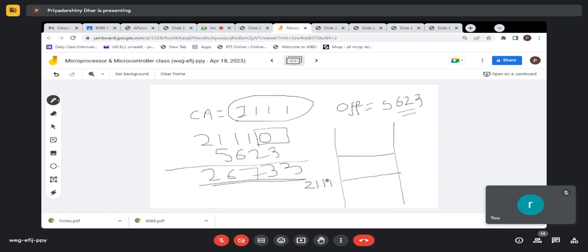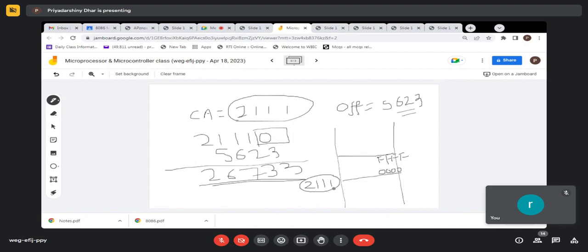If I consider this one as our base address, that means our segment address starting is 2111. Okay, this is our segment address. And the offset address starts at 0000, up to 2FFF. But my value is indicating 26733. So which one is the physical address? This is our segment address, not our physical address.